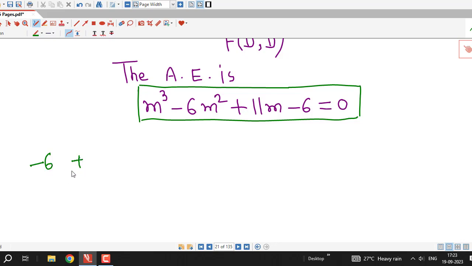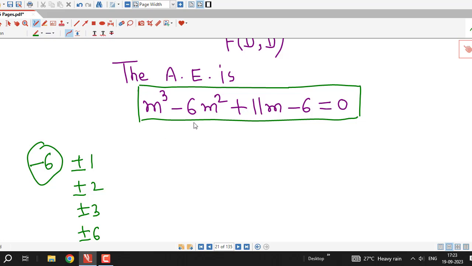Constant term is minus 6, and divisors of minus 6 are plus or minus 1, plus or minus 2, plus or minus 3 and plus or minus 6. So we put values of m 1 by 1 as divisors of minus 6, and we will find one integer solution by trial and error.